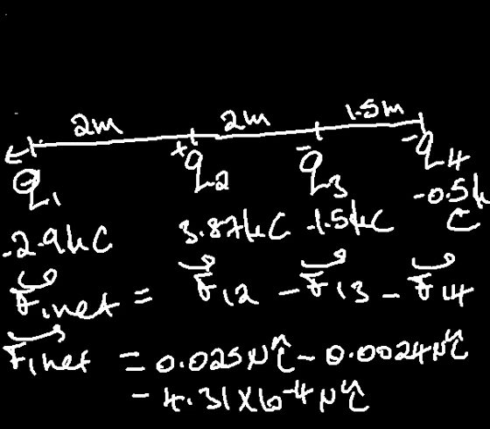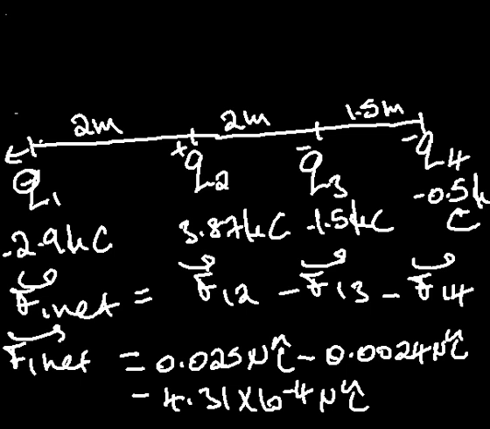We have 0.025, then minus 0.0024, minus 4.31 times 10 to the power negative 4.